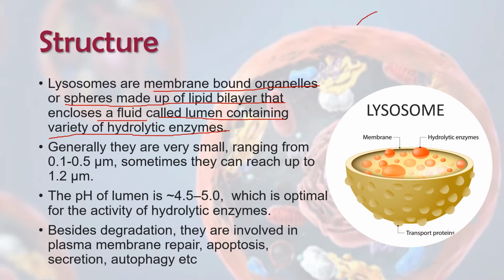So inside a cell, there are some structures like spherical vesicles that contain some hydrolytic enzymes. This portion is known as the lumen of the sac. This is the lumen, which contains so many hydrolytic enzymes.